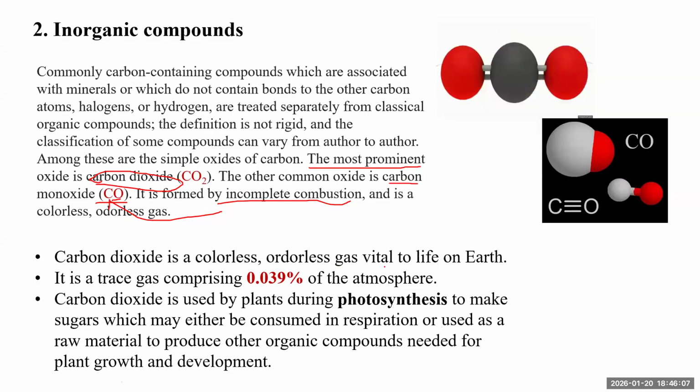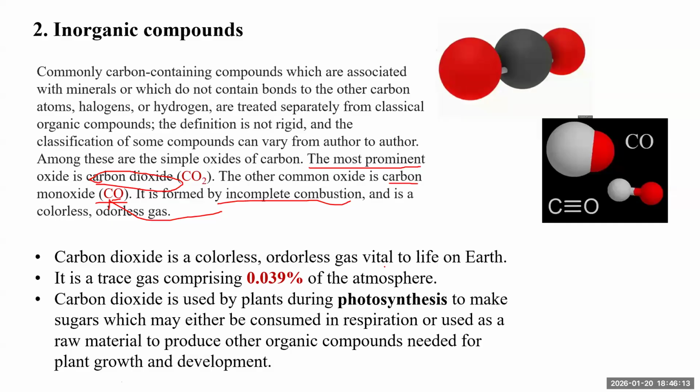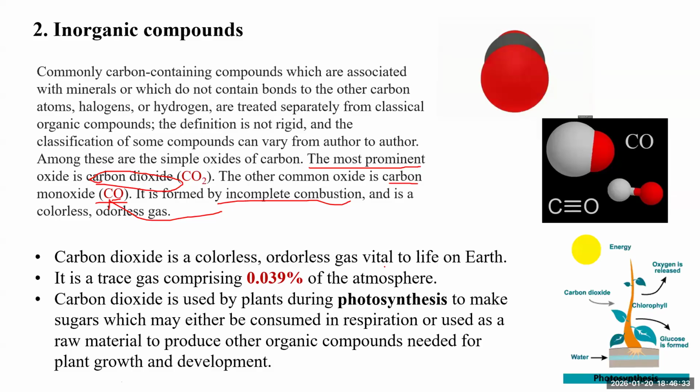It can also be considered as a trace gas comprising 0.039% of our atmosphere. So carbon dioxide is unfriendly to global warming, to the energy balance of our Earth, but it's vital to the life on Earth.